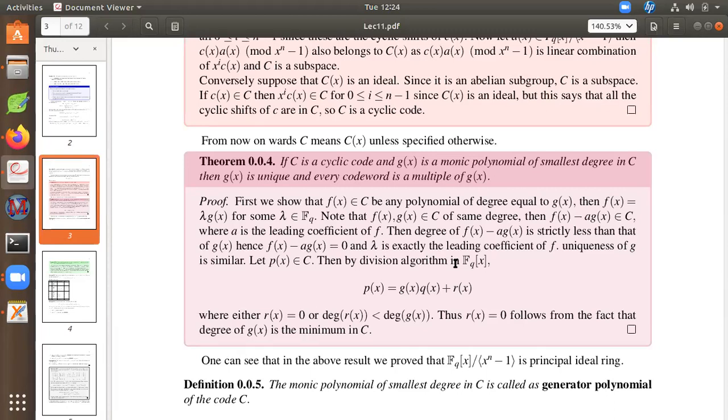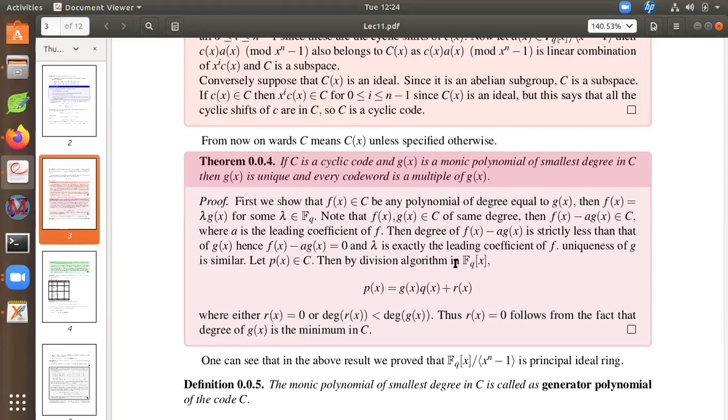So how to show it? This is just a statement. First we show that f(x) is a code word or code polynomial of degree equal to that of g(x). Then I am saying that f(x) is actually lambda times g(x). How to prove it?